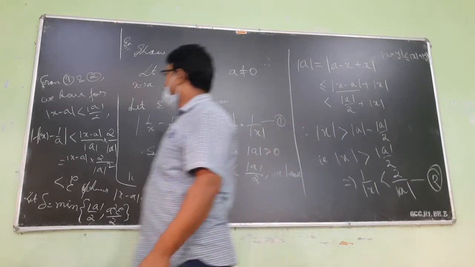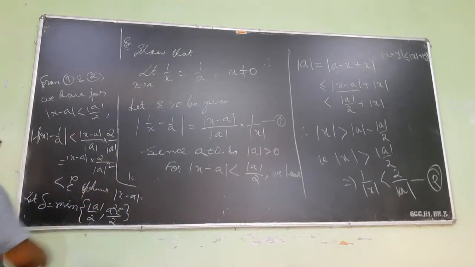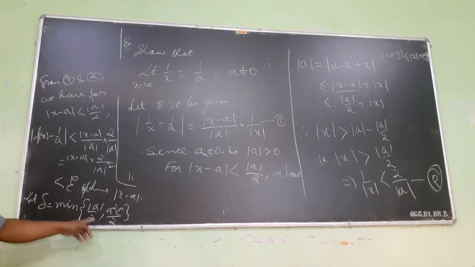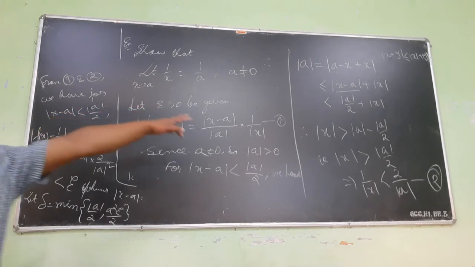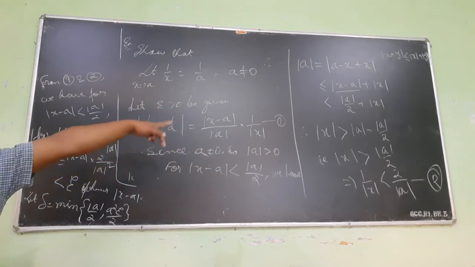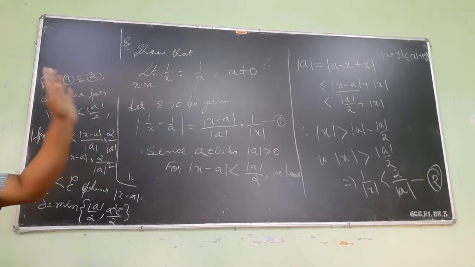So from 1 and 2 we have for this, then everything else is the same. So delta is the minimum of mod a squared and so on, everything else same. So the same problem I have done in 3 different ways. They are similar, but this is the most general one because here a positive, a negative, everything is considered together.